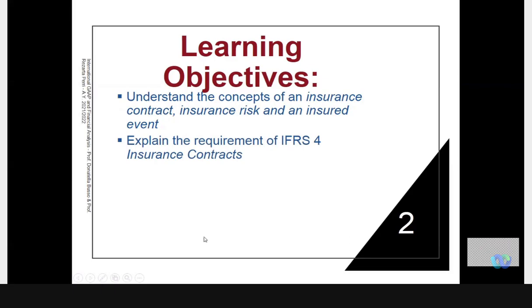We have to explain the requirements of IFRS 4, which was the initially issued insurance contracts standard. The aim of the board was to cover the gaps and the missing information about insurance contracts, and it was the product of phase 1 of the insurance contract project.